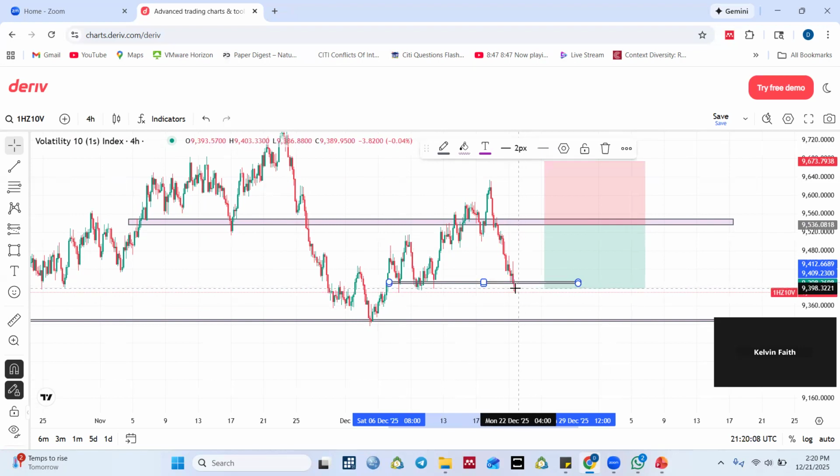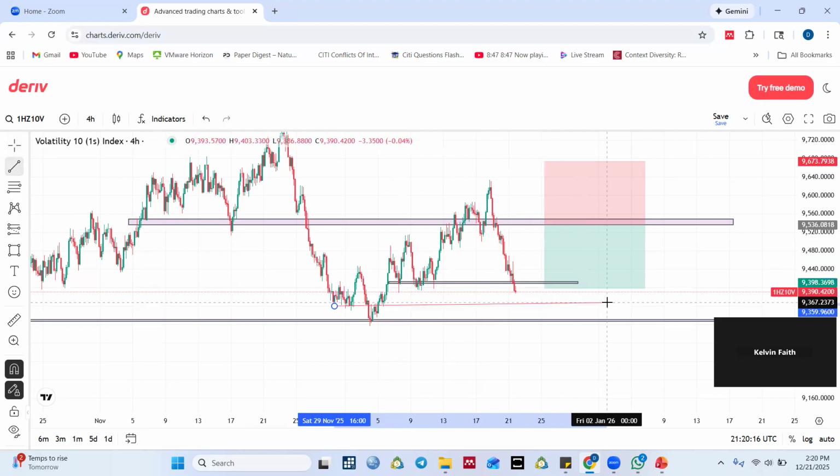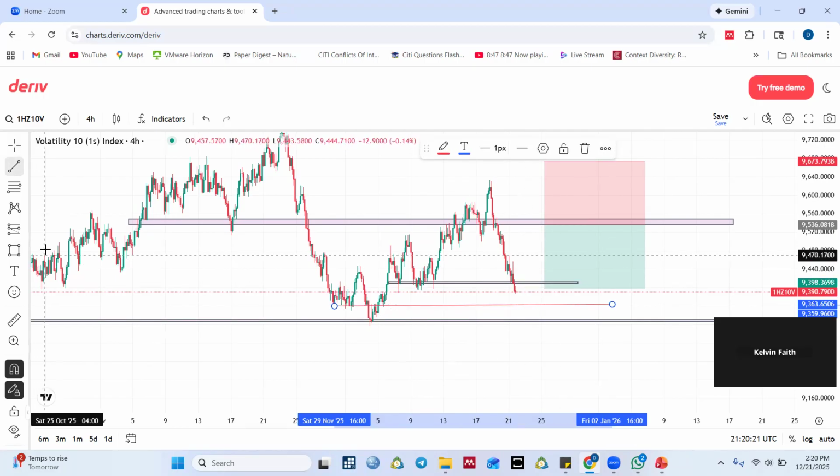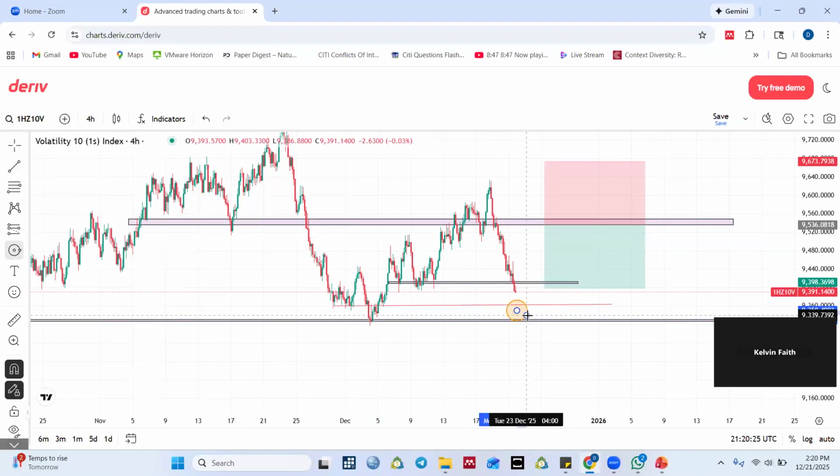The fact that there is a close below here doesn't mean it will keep selling and selling. Once it gets to somewhere, maybe here, anything in between this zone here, there might be a reaction because buyers are here.